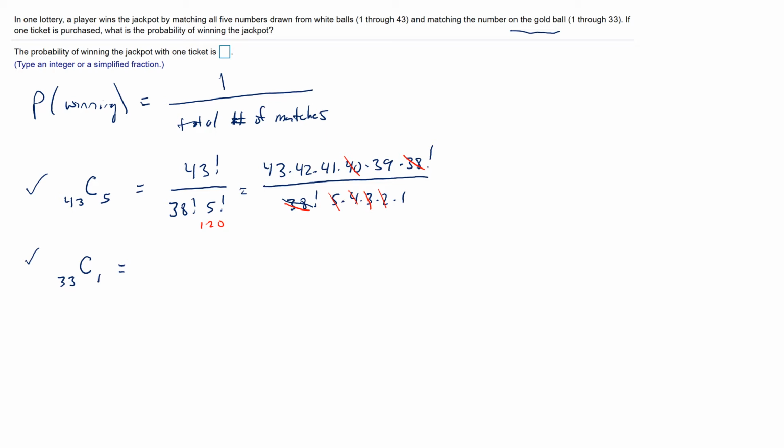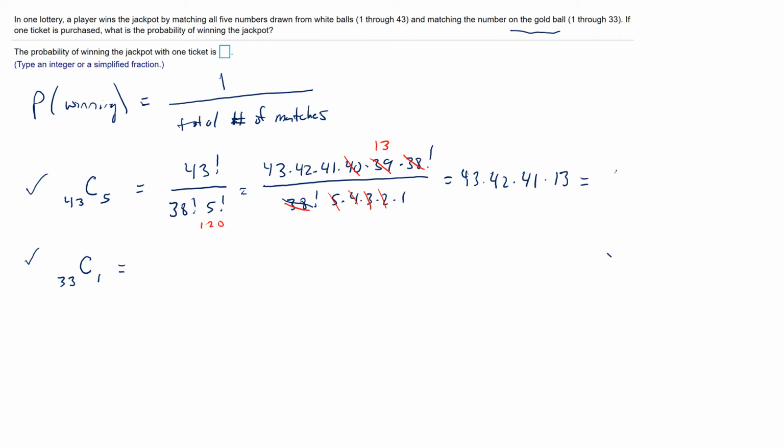And the 3 I could cancel with the 39, turning it into a 13. And so I'm left with 43 times 42 times 41 times 13, which I'm going to do on my calculator. 43 times 42 times 41 times 13.